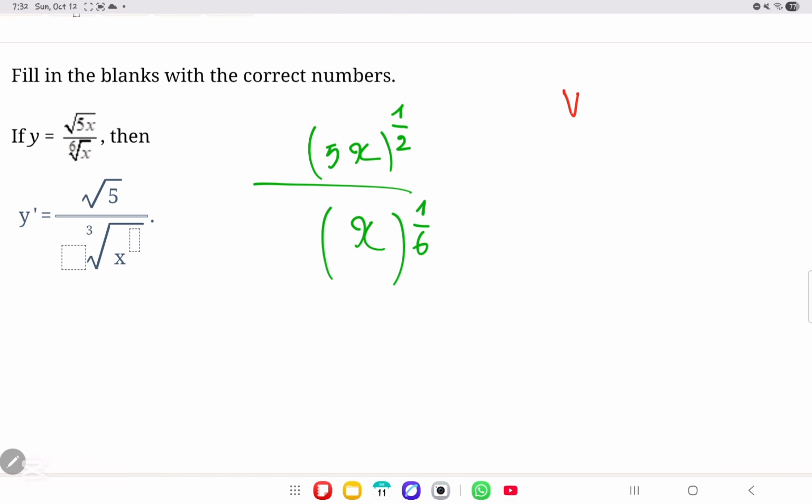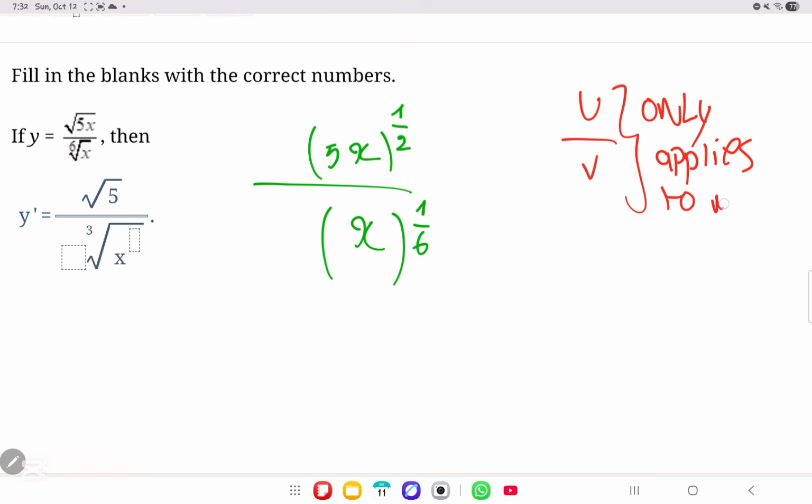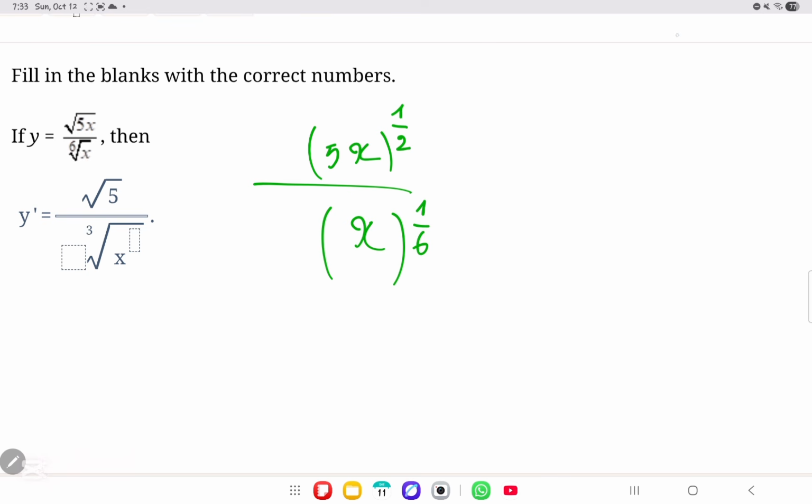But I forgot that u over v only applies to binomials, trinomials, etc., and so on and so forth. Monomials, we can do without u over v. So because this is not a binomial or trinomial, we will not be using u over v.